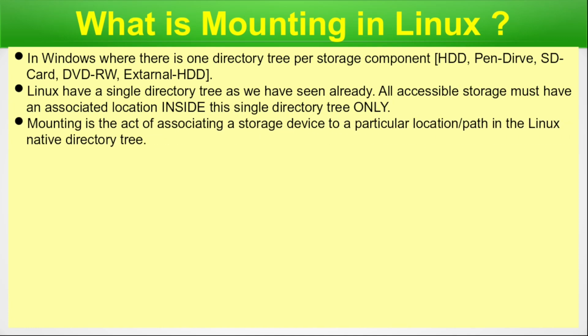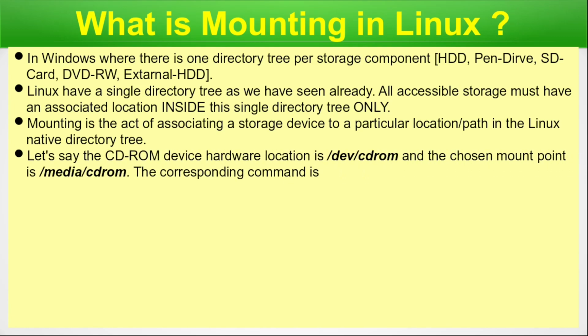Mounting is the act of associating a storage device with a particular location or path in the Linux native directory tree. In Linux, you have a root and inside that you have different directories, and this works like a tree structure. Whatever drive you have must be included inside a hierarchy under this file structure. Mounting is that particular process.